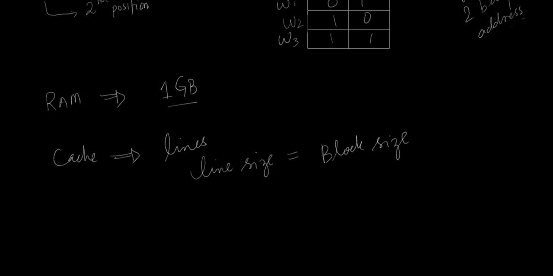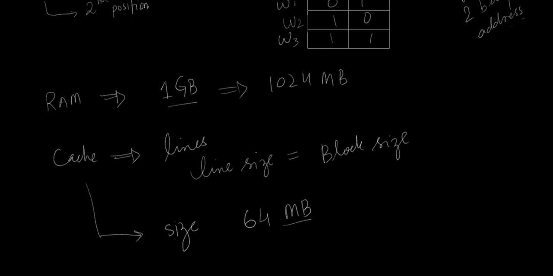Let's say I have 1 GB RAM, which means I have 1024 MBs for my RAM. So I will just say that my cache size is, let's say, 64 MB. Again, it's totally your choice.